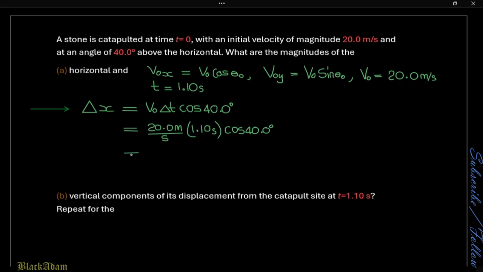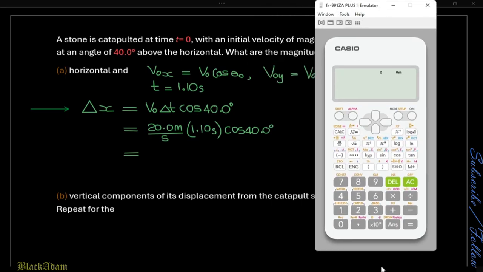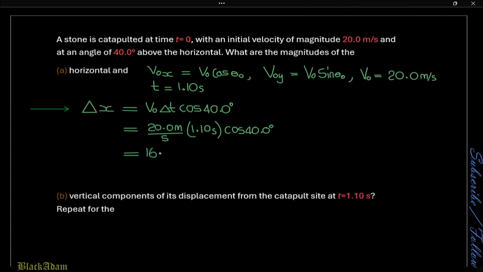Using a calculator, 20 times 1.10 multiplied by cos 40 gives us 16.985. So our unit is meters.